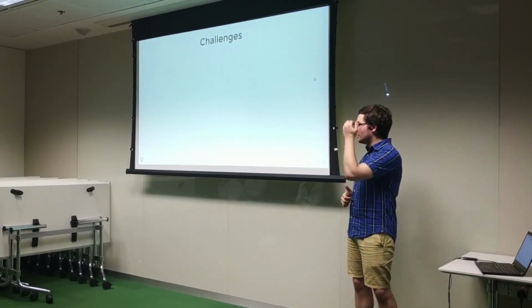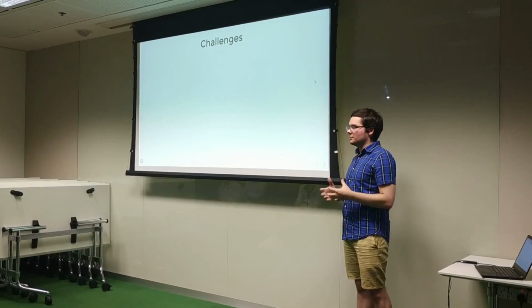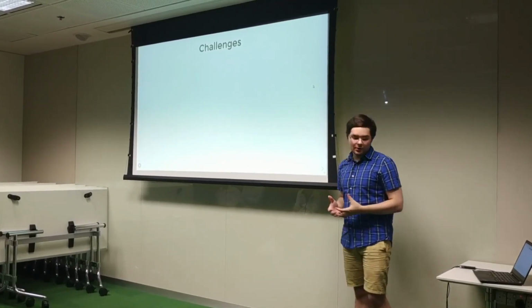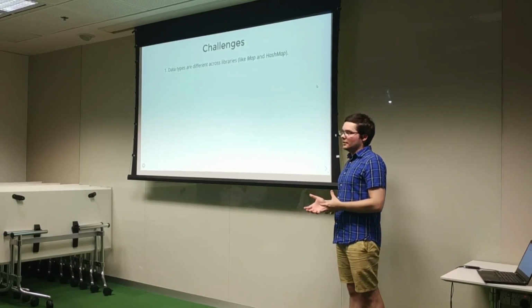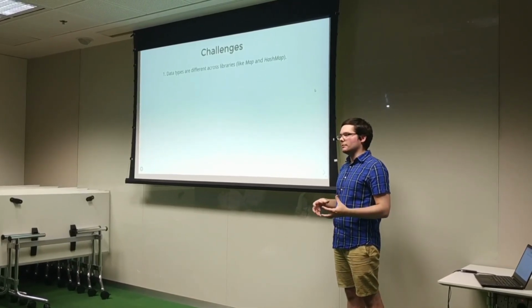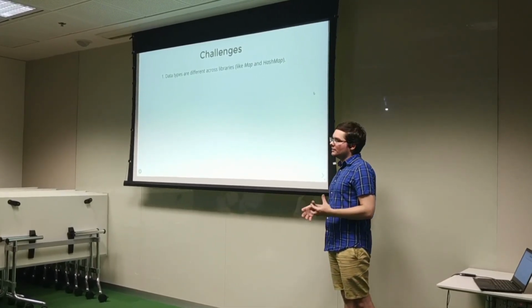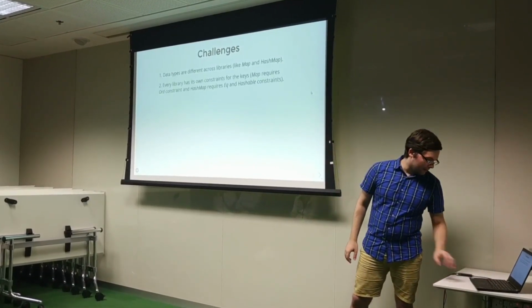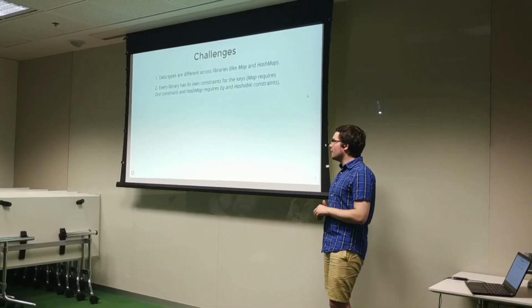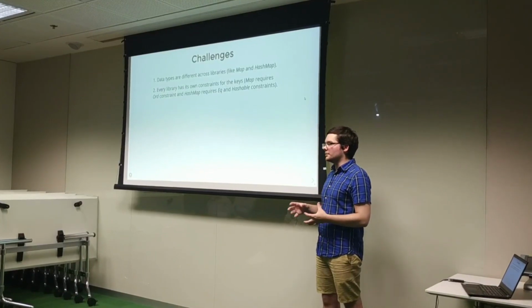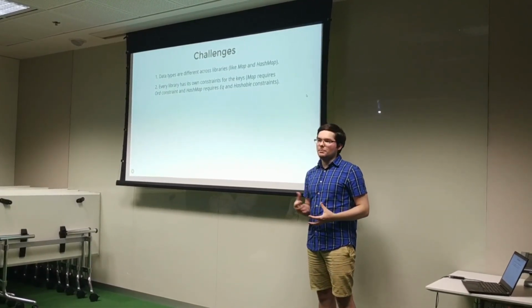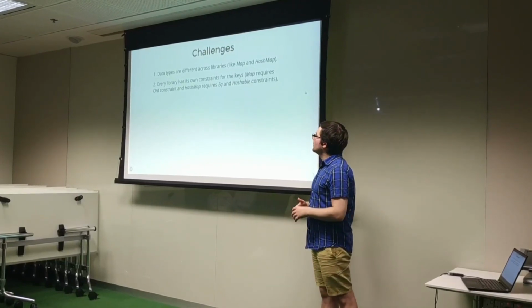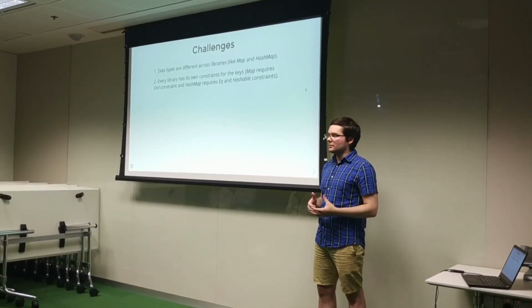But there are some challenges in implementing an interface for map-like data structures. The first challenge is that the data types are different. It's not like we have only one data type and different implementations of functions. The data types themselves are different. Also, every library has its own constraints on keys. Map requires Ord constraints, the keys should be comparable, whereas HashMap requires Eq and Hashable constraints.